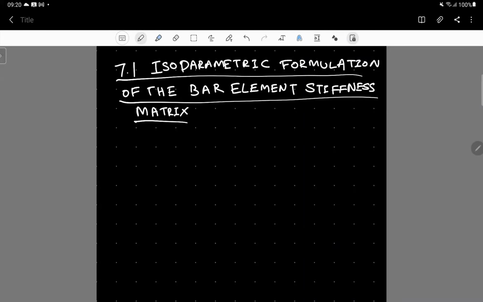As I mentioned before, the term isoparametric is derived because we use the same parameter to express the displacement of the nodes of a certain element, as well as to express the shape of the element.